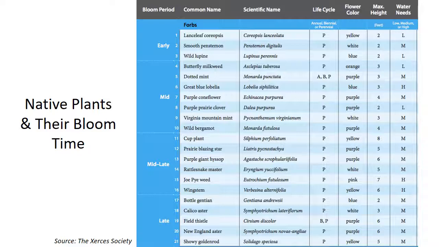So this would be a really great list to choose some plants to go in your pollinator-friendly garden, including 2 or 3 from each bloom period would make for a really strong garden that the bees and other pollinators would be super happy to forage from. So resources like this are great to find, and just kind of pick and choose from these types of lists that are provided.